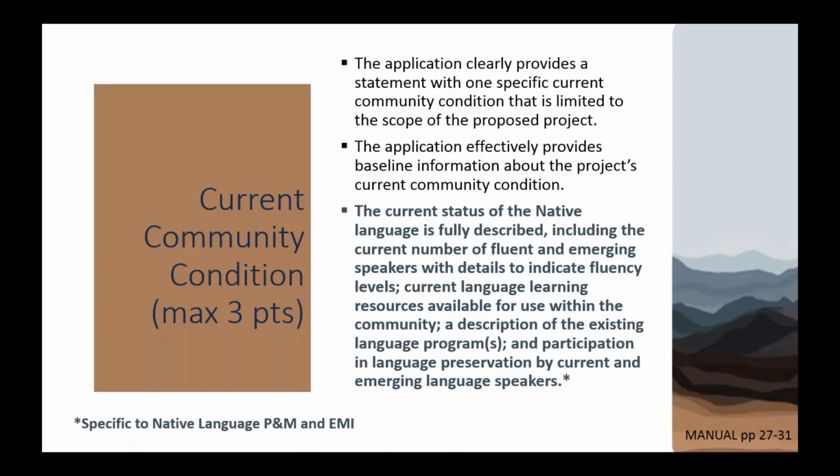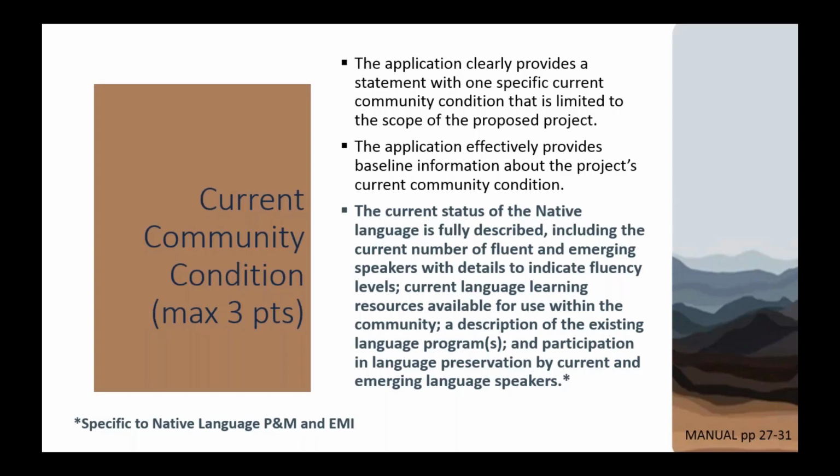And you want to make sure the baseline information relates to the condition. For example, if the current community condition relates to high unemployment, the baseline information should provide data related to unemployment rates, not rates of diabetes or heart conditions in the community.